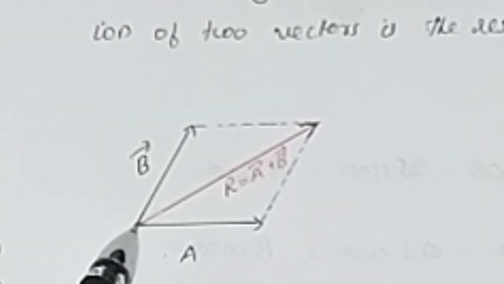Here we have the two vectors. If you can see, the tails of the two vectors are placed at a common point. And we draw parallel lines to both the vectors. That is, a parallel of vector A is drawn and a parallel of vector B is also drawn. So altogether we get a parallelogram.